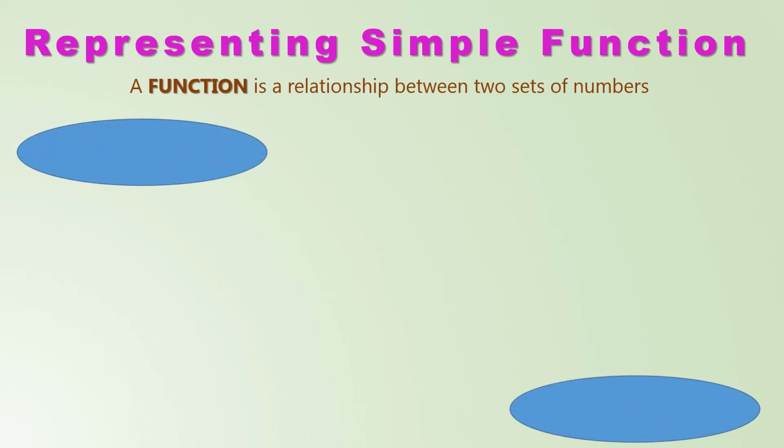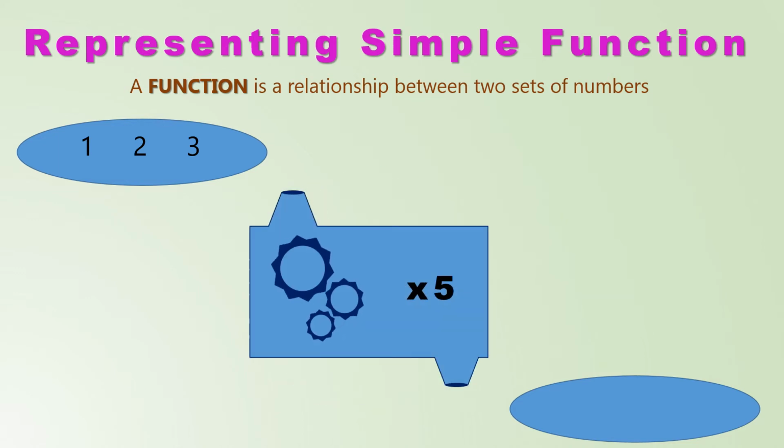Let's say we have two sets of numbers, 1, 2, 3 in one set, and our function, we take as an example, is multiplication by 5. So if we take one number from the given set and multiply it by 5, we get the result 5. If we take the second number from the given set and multiply by 5, we get another number, that is 10.